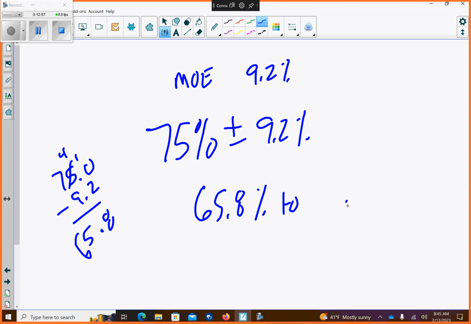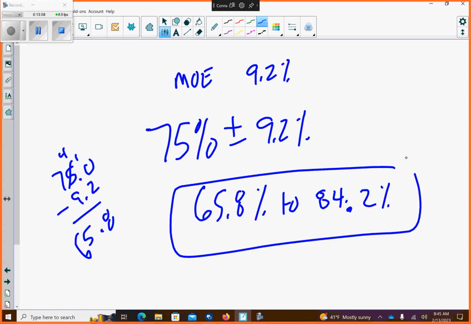So that's 84.2%. So that means that we are 90% confident that the interval between 65.8% to 84.2% are in support of cutting property taxes.